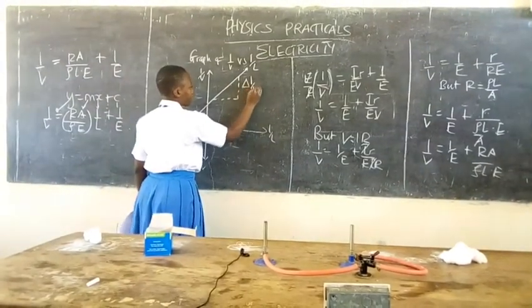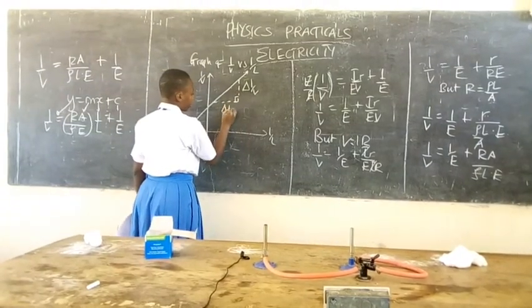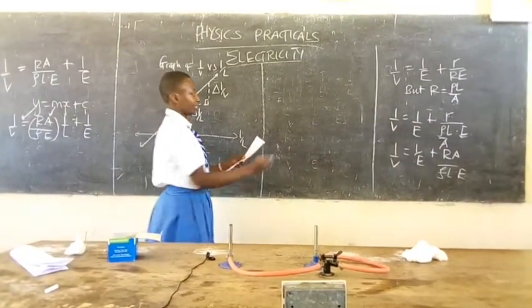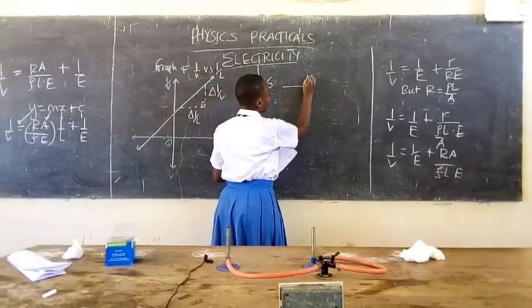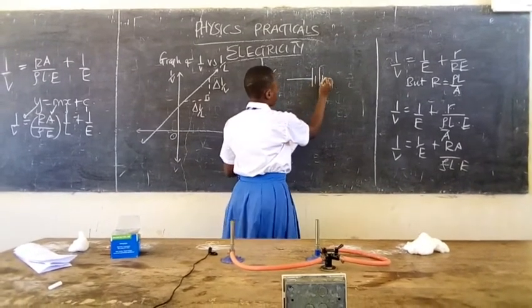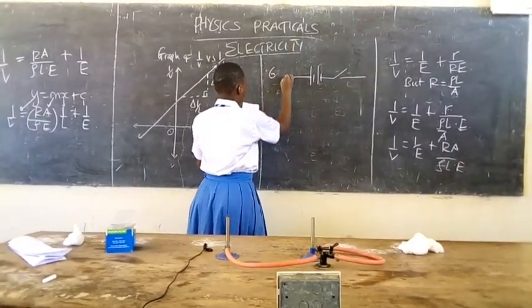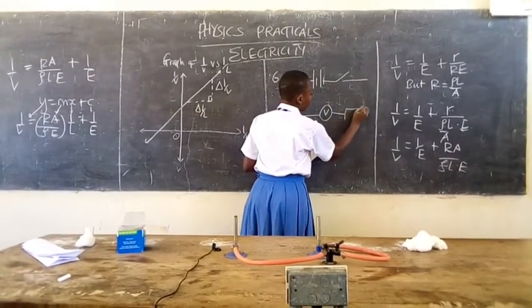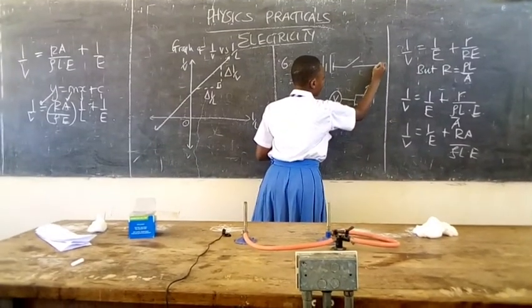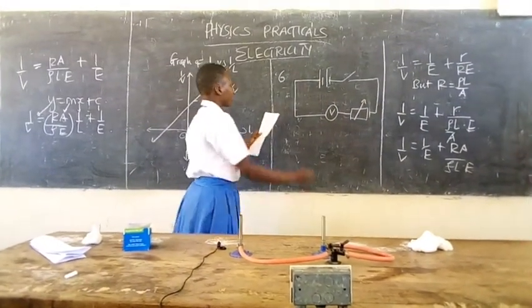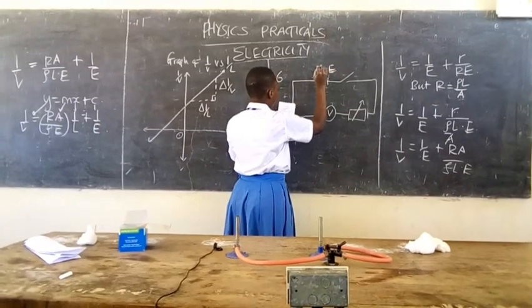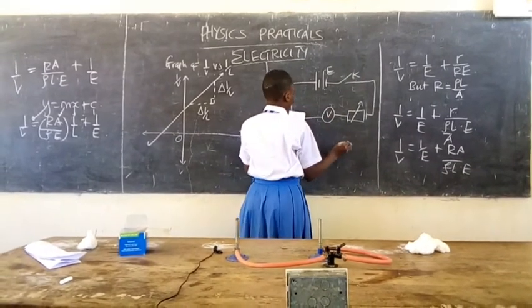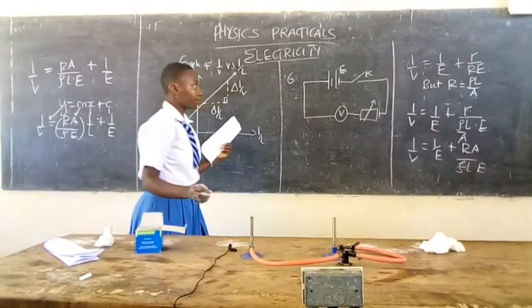Change the 1 over V. Circuit structure 6. Okay.